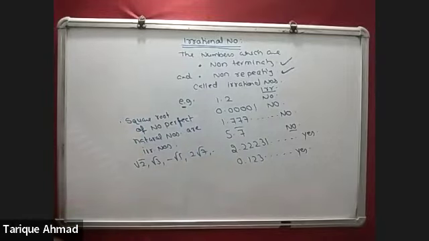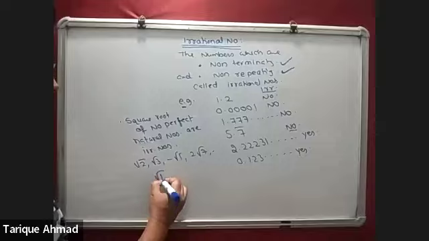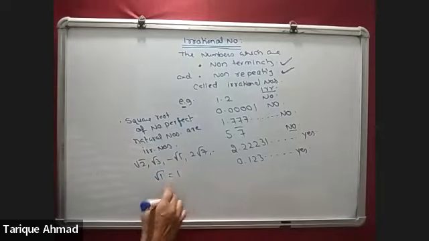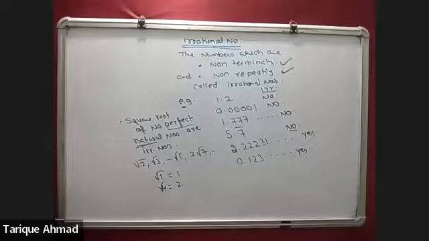All these are examples of irrational numbers. But a perfect square number is 1. So root 1 is 1. It's not irrational. Root 4 is 2. It's not irrational. That's why it says non-perfect square natural numbers. Right? Yes, sir. The number must not be a perfect square. Fine? Yes, sir.